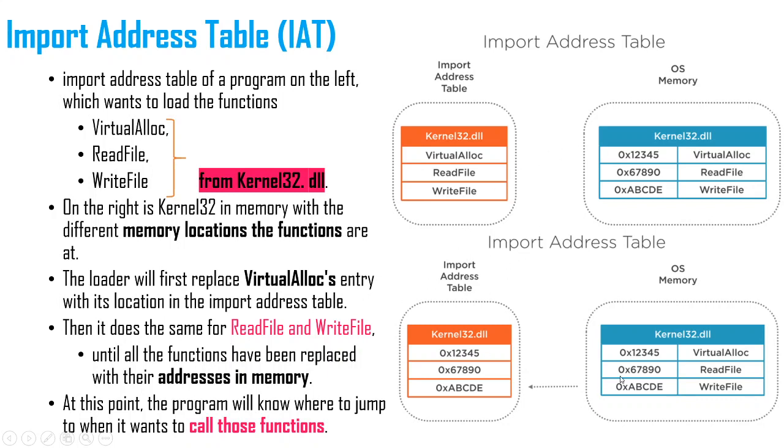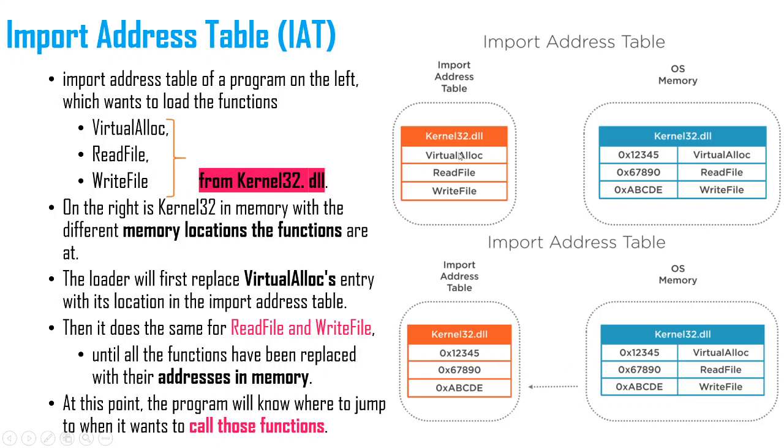Say, for example, 0x12345 is the location of the VirtualAlloc function. It has to be loaded in the import address table of the malicious file, so it has been loaded.